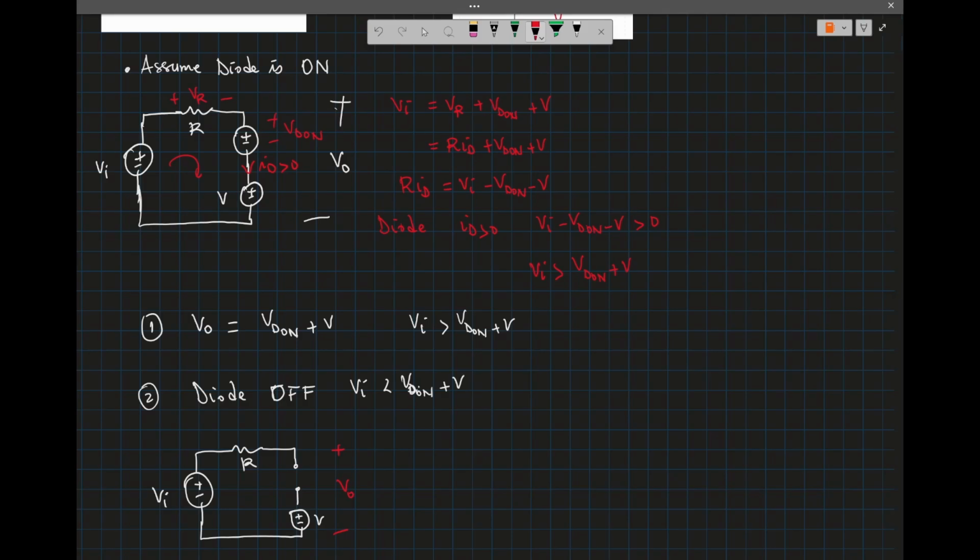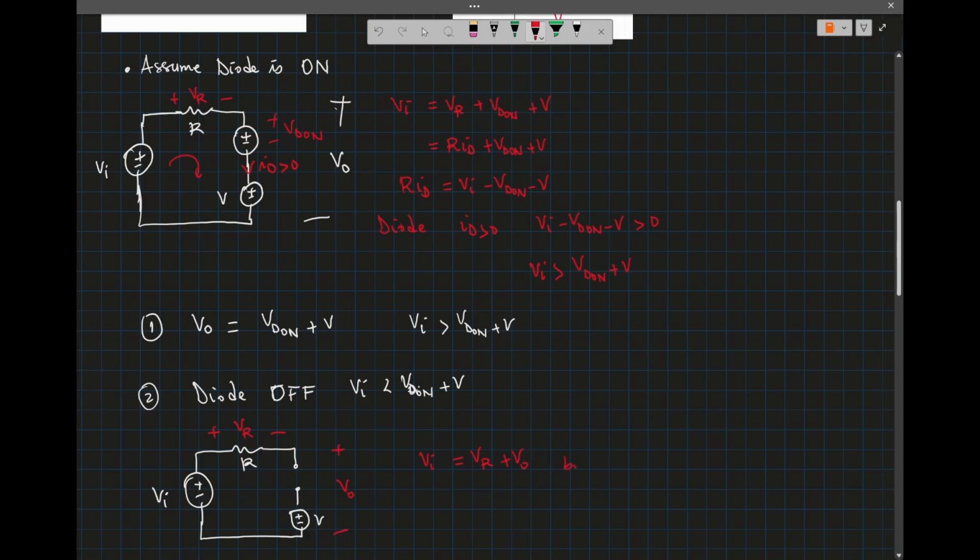If I write KVL, VI will be equal to VR plus V0.